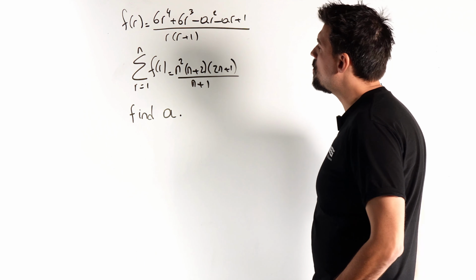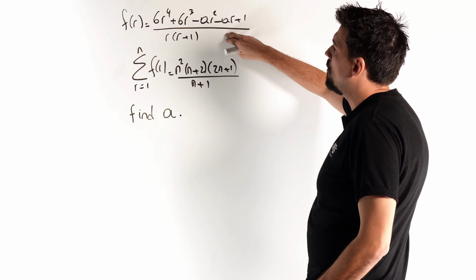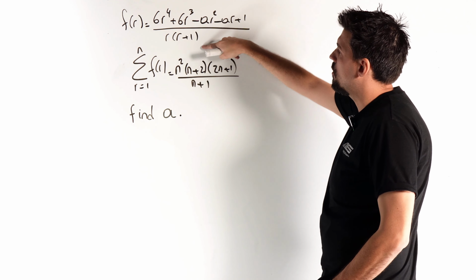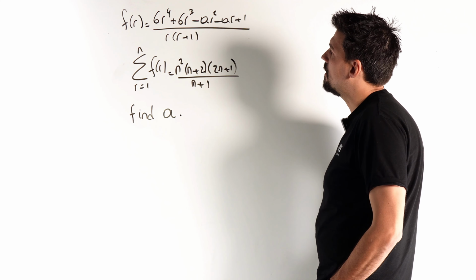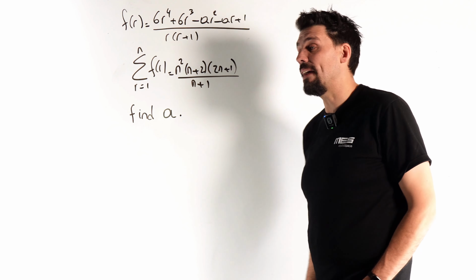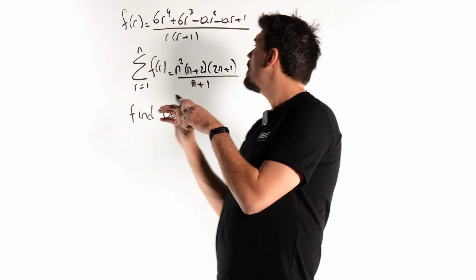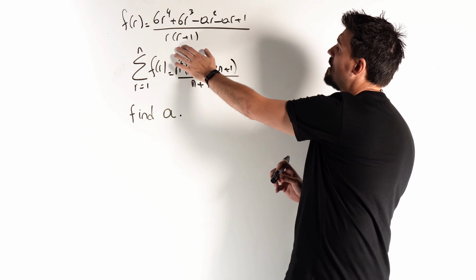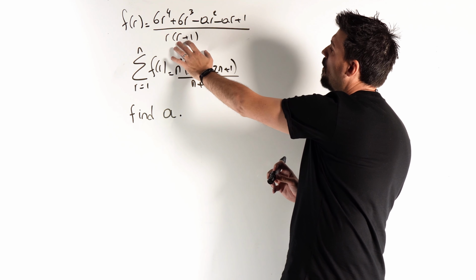The first thing we want to do, I've got a quartic over a quadratic. What I want to do is get this as some partial fractions. It really does depend on how you want to do this. You could try and make something of that one appear on top.